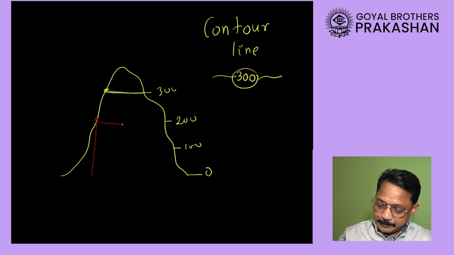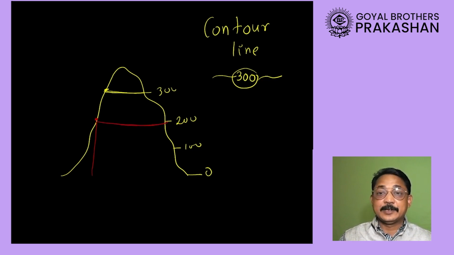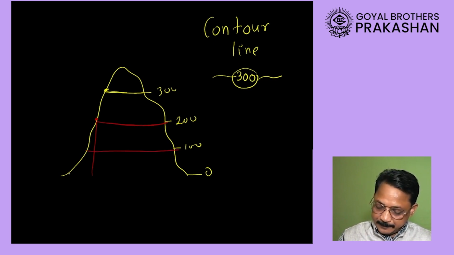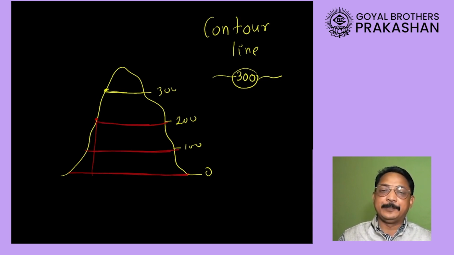If I connect these places having 200 meter altitude, dear student, it is the contour line of 200 meter. This is the 100 meter line. This is the 0 meter line. So this contour line is 0 meter in altitude, then 100 meter, 200 meter, and so on.